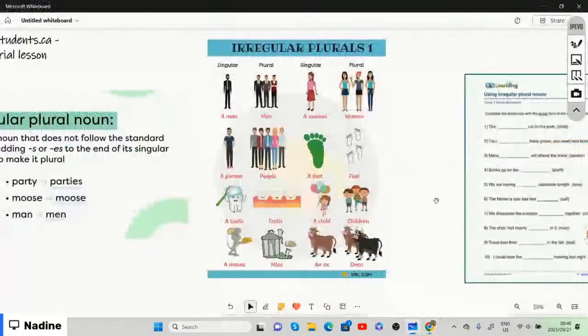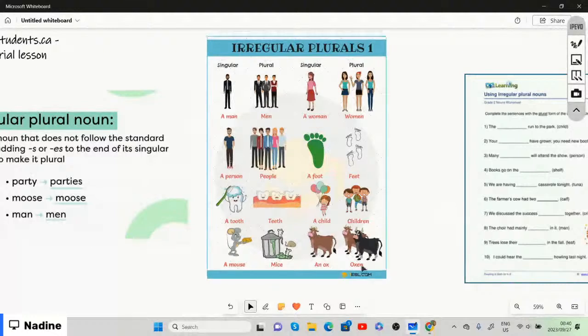And remember, we said that when it comes to plural nouns, there is no rule that we follow. We can't say that we're going to add s or es in order to show that the specific item or thing or place or noun has more than one, let's say, singular.